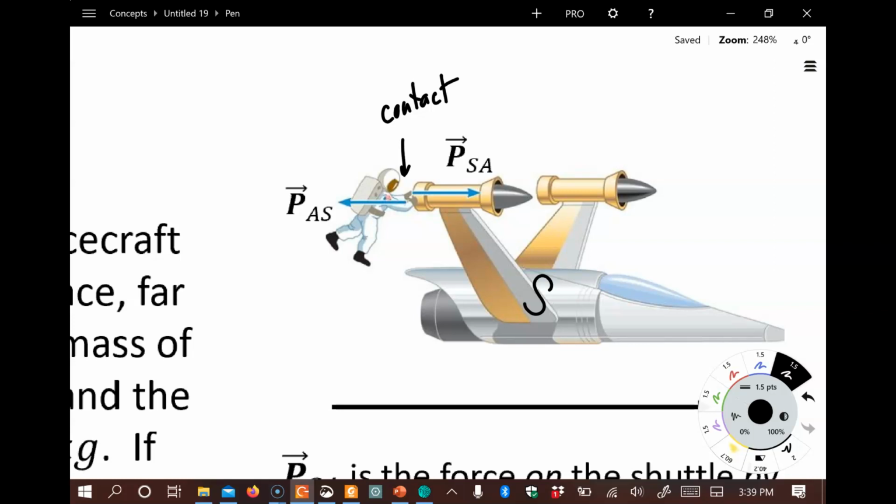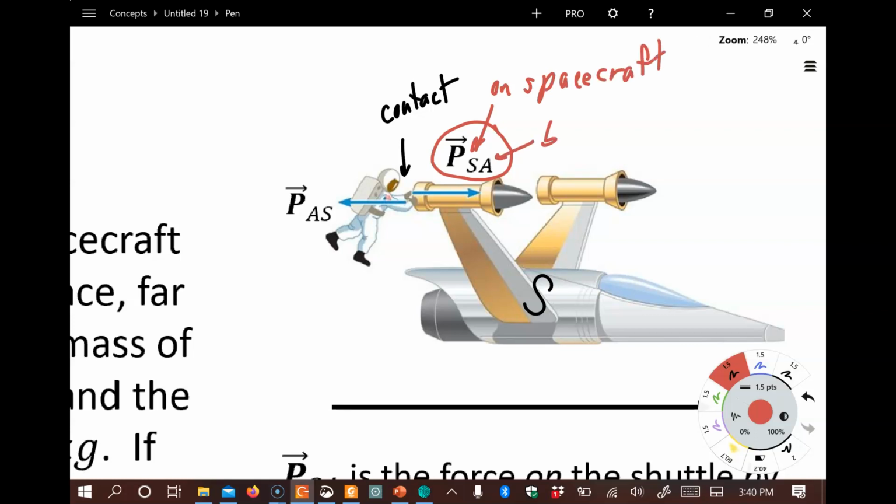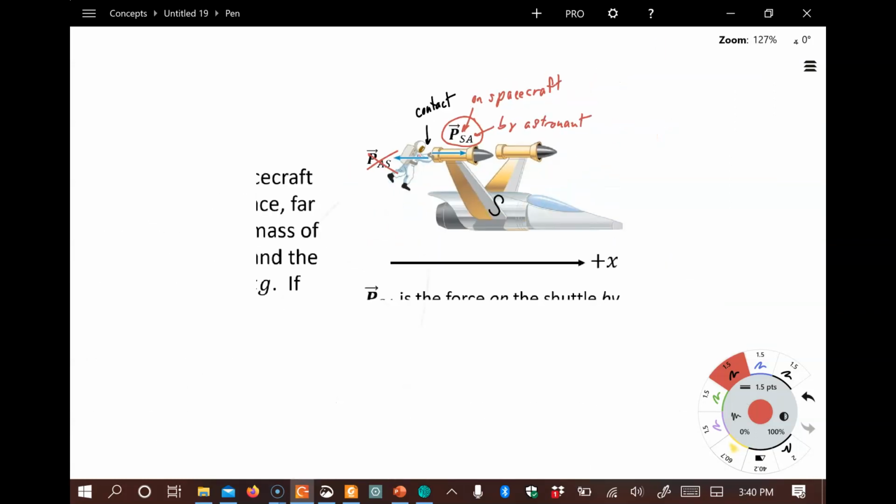Well, the only force that acts on the spacecraft right now is the push force on the spacecraft, that's what the first subscript means, and by the astronaut. We can totally ignore this other force because it doesn't act on the spacecraft.